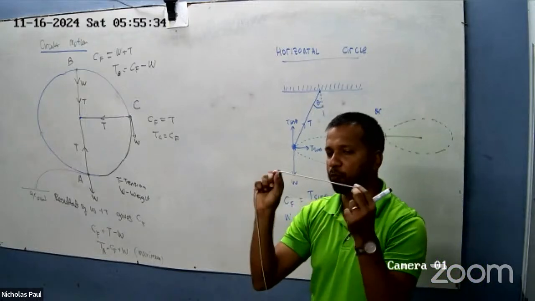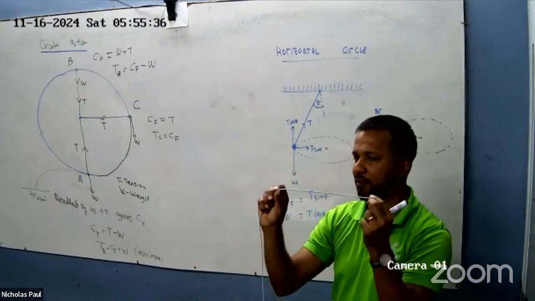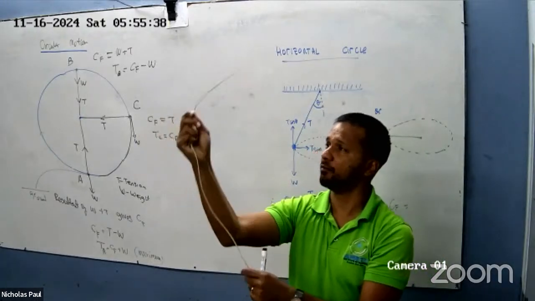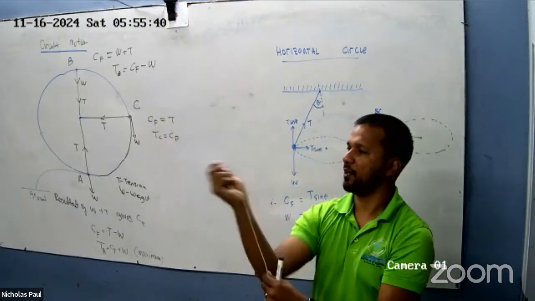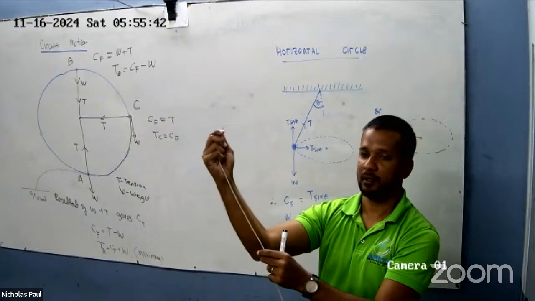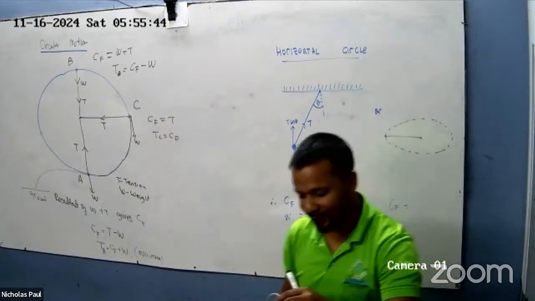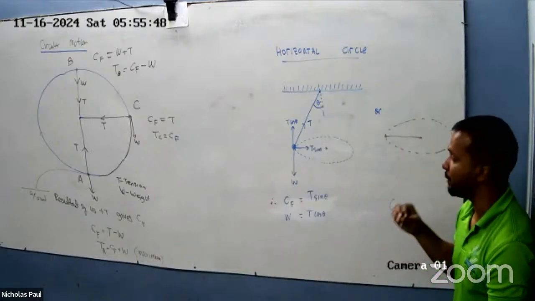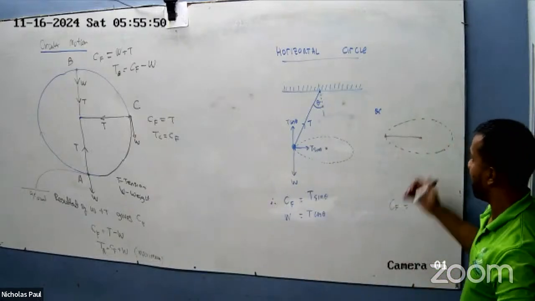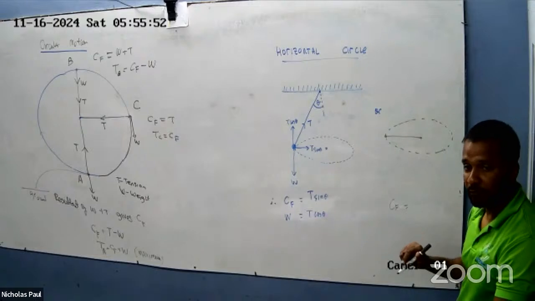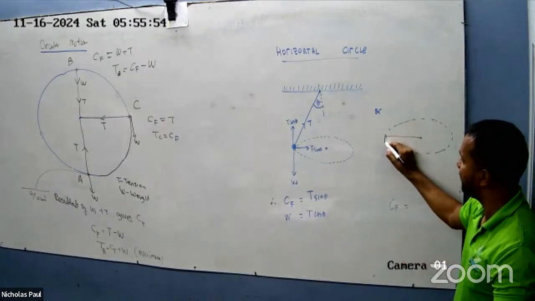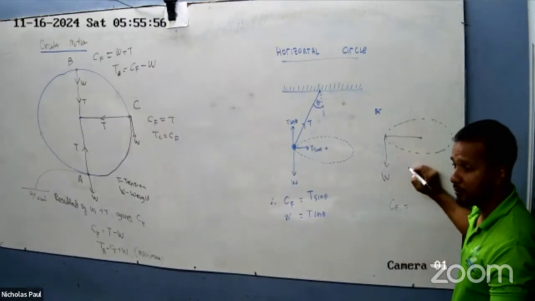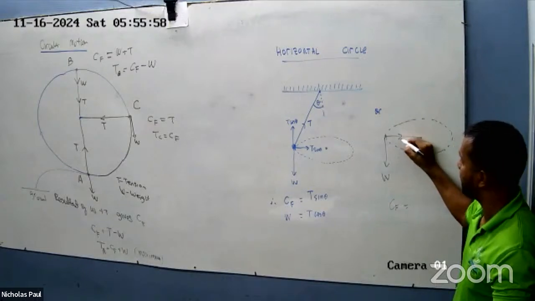What is providing the centripetal force as I move this in a horizontal circle? Tell me the forces acting here. Obviously, it has weight and tension acting where?